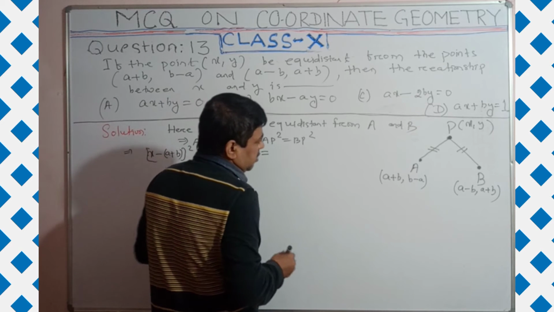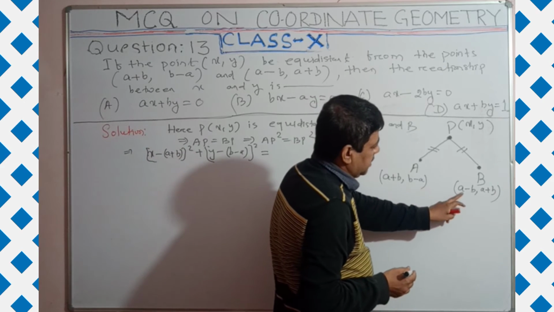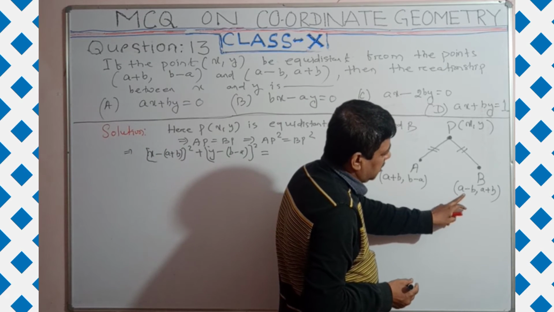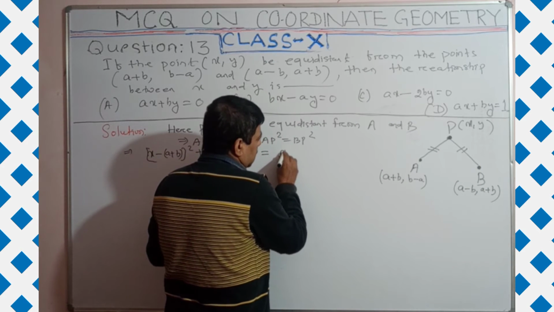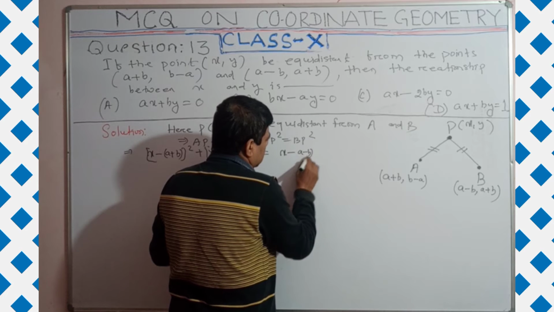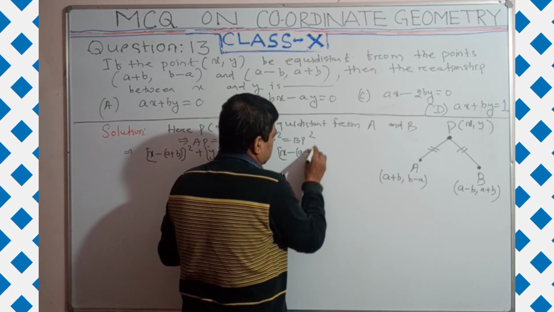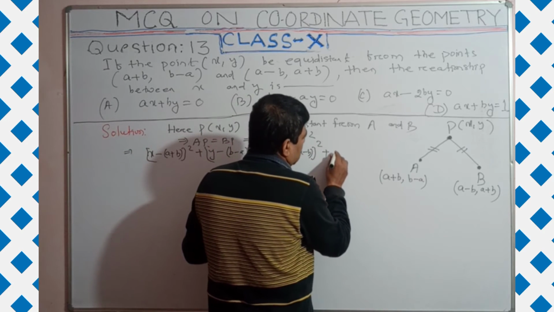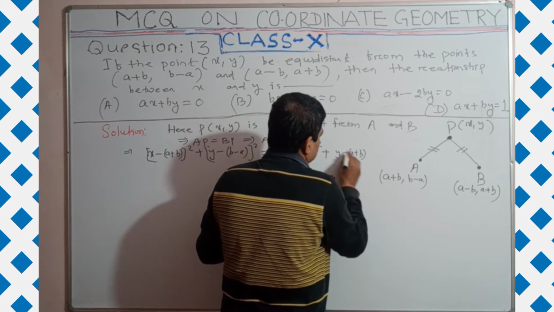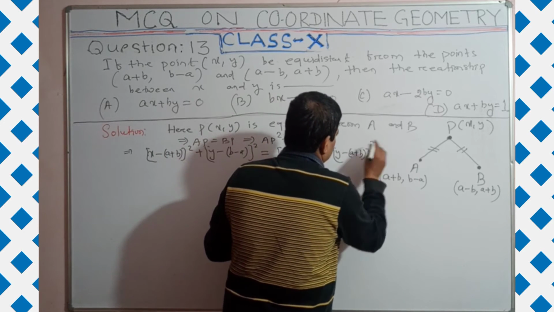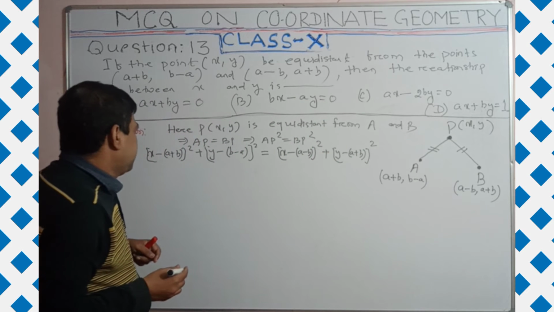Similarly, for BP square, let the coordinate of B be x1, y1 and P be x2, y2. So (x - (a-b)) whole square, the difference between the x coordinates, plus (y - (a+b)) whole square. Is it clear, students?